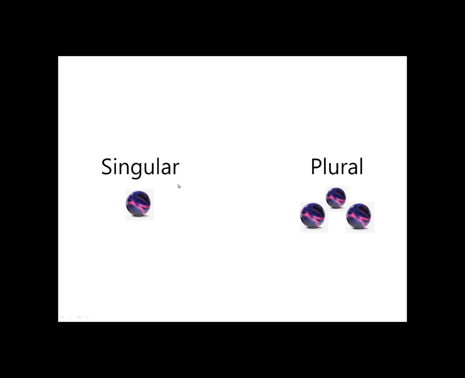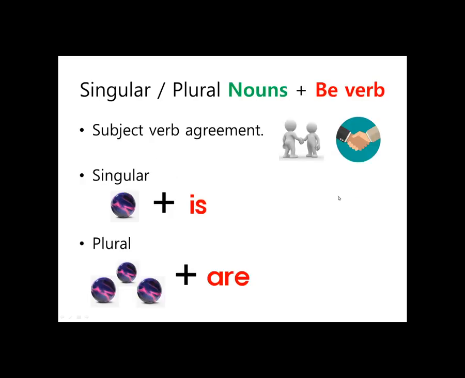Okay, so next we need to discuss singular and plural. Okay, if we have one thing, we use one type of be verb. If we have more than one thing, plural, then we need to use a different type of be verb. Okay, so let's have a look. Subject verb agreement.